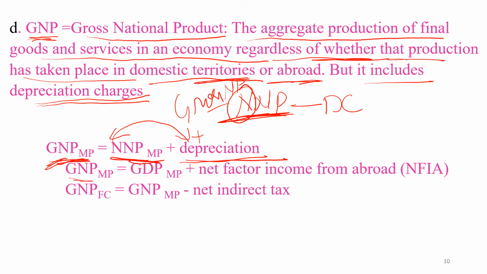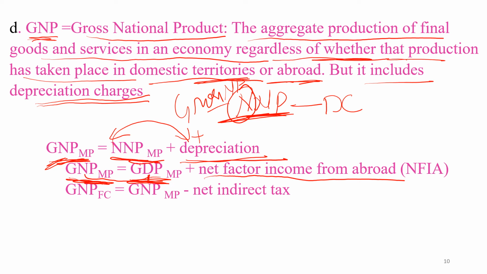So you can see here, gross national product at market price equals GDP at market price plus net factor income from abroad, by which we convert domestic into national. You can do that also.